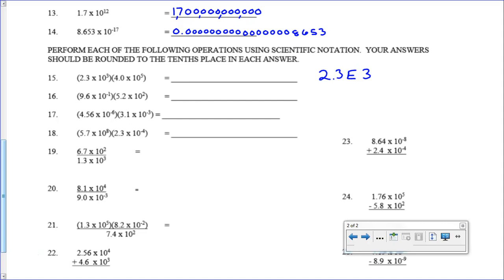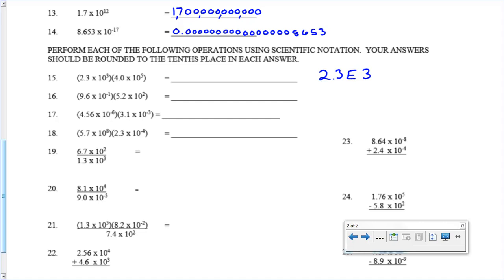And what's nice about this is it keeps everything smaller, it's actually less buttons that you have to hit, and then it actually throws a little set of parentheses around this in your calculator, so it knows to keep that whole term together. This is important for order of operations, especially when you're dividing by things with scientific notation. So whenever we do scientific notation in this class, I recommend you use the E button on your calculator and make sure that, if you want to see how to do that, you come in and talk to me.